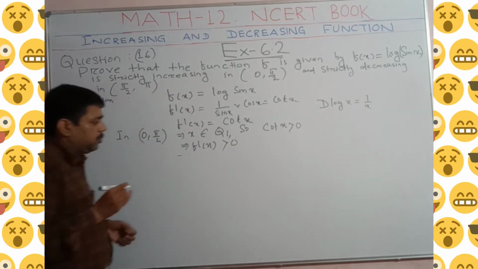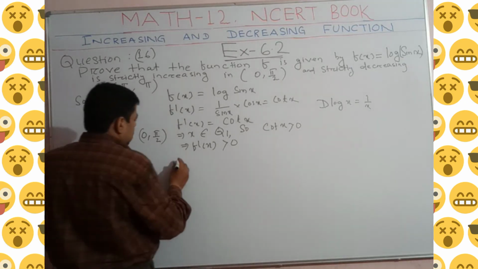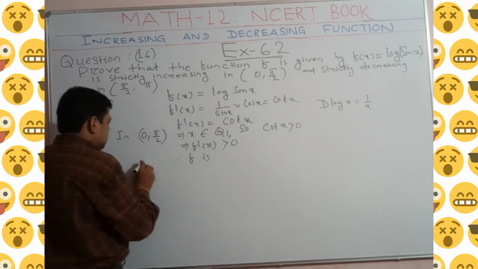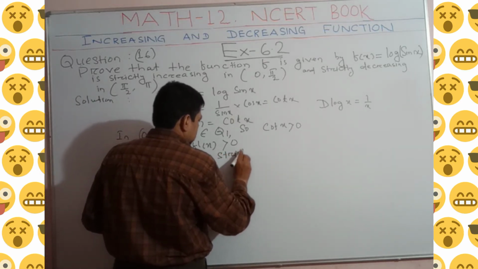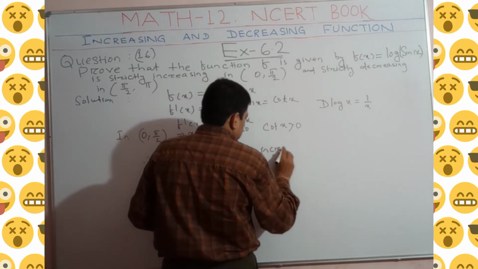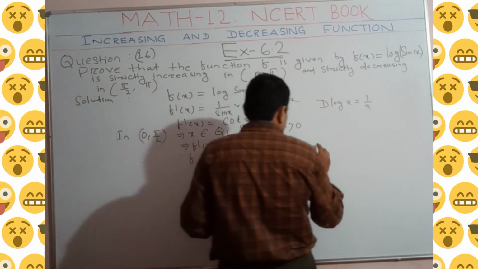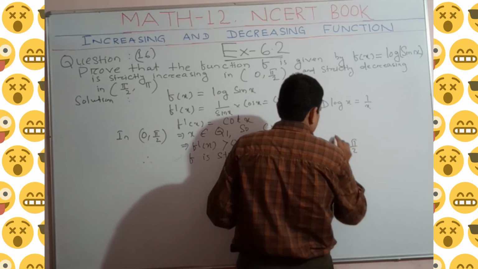Since the slope of the function is greater than 0, hence f is strictly increasing, yes or no? Strictly increasing in the open interval 0 to pi upon 2. First point understood.